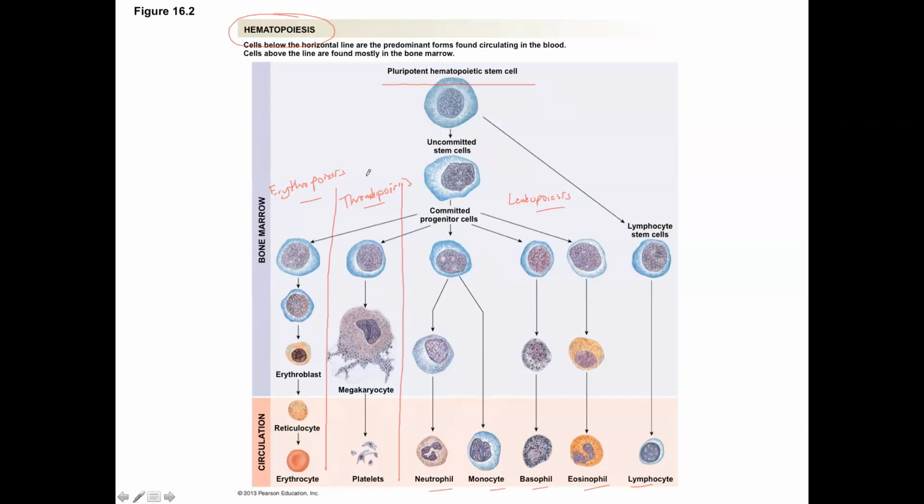Now, as we look at stem cell lineages, what we find out is that as these stem cells continue to differentiate, they eventually become essentially what we call progenitor type cells. And progenitor cells are committed to the cell type that you are producing within the bone marrow.